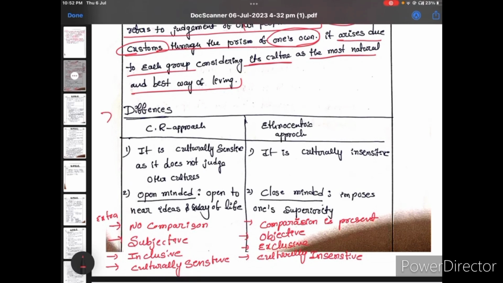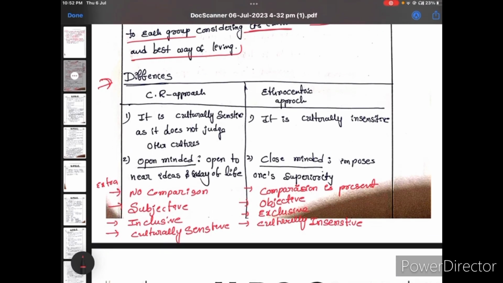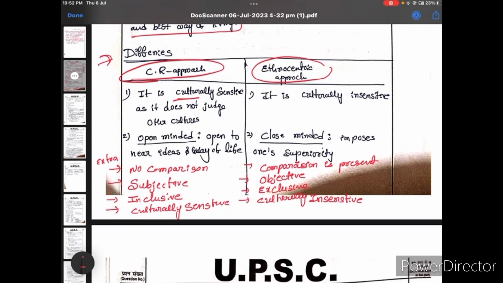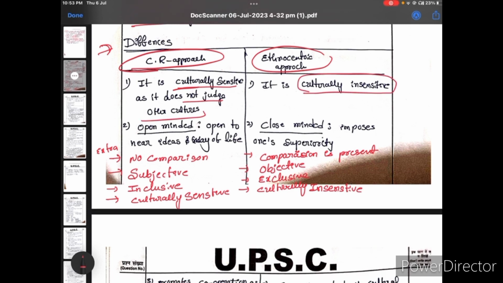Next, come to the differences. So here I mention the differences. Cultural relativism is culturally sensitive and it does not judge other cultures. Ethnocentrism is culturally insensitive. And cultural relativism is open-minded, and ethnocentrism is closed-minded. Okay.